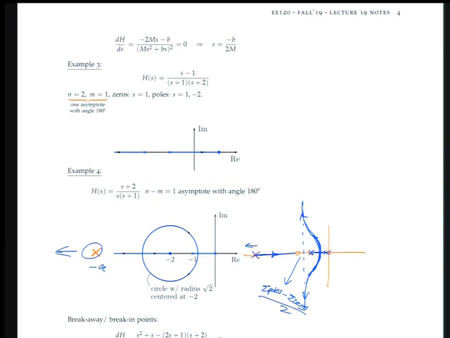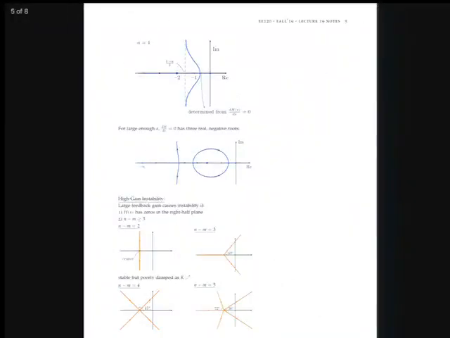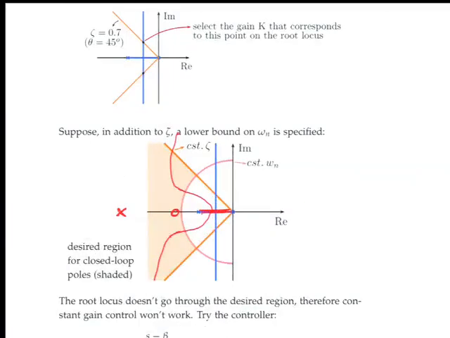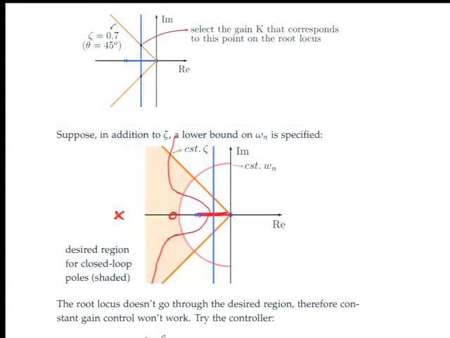So what we really want with our controller is the effect of the 0, because we want to use the 0 to lure the root locus into the left half plane, right? And that's what this 0 here does. The pole is only there to be a pole and to not leave the 0 alone, right?